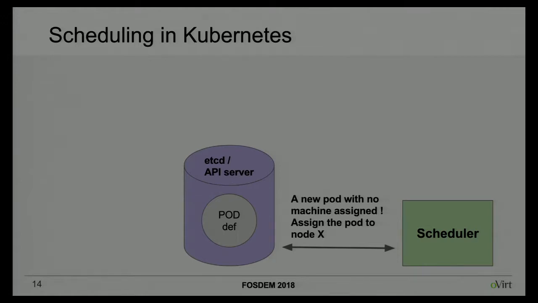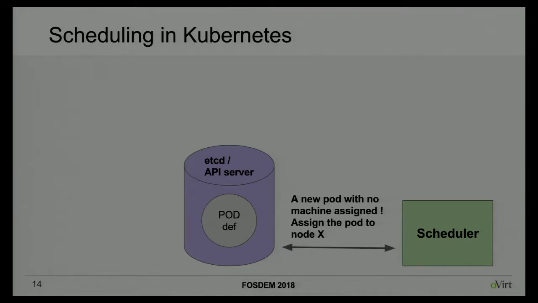The scheduler works according to scheduling policies and some thresholds you want to define. Examples from our oVirt world can be power saving and evenly distributed, and it acts with filters, or in the Kubernetes world, predicates, and also weights, or priorities in the Kubernetes world.